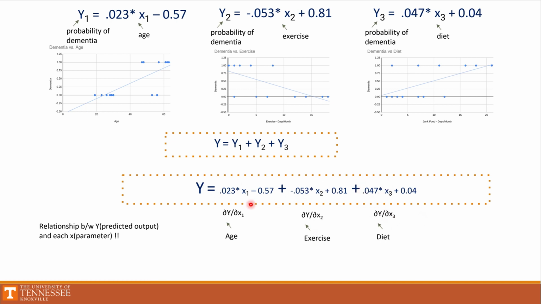That means mathematically it is possible to have a relationship between the final output and your initial parameters. Having said that, it is highly possible to optimize each of these relationships as well, because each is directly linked to the output.